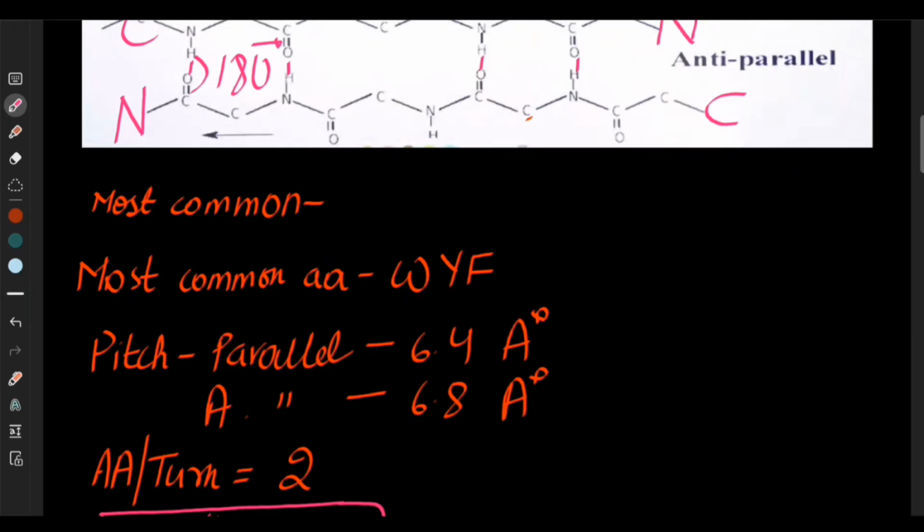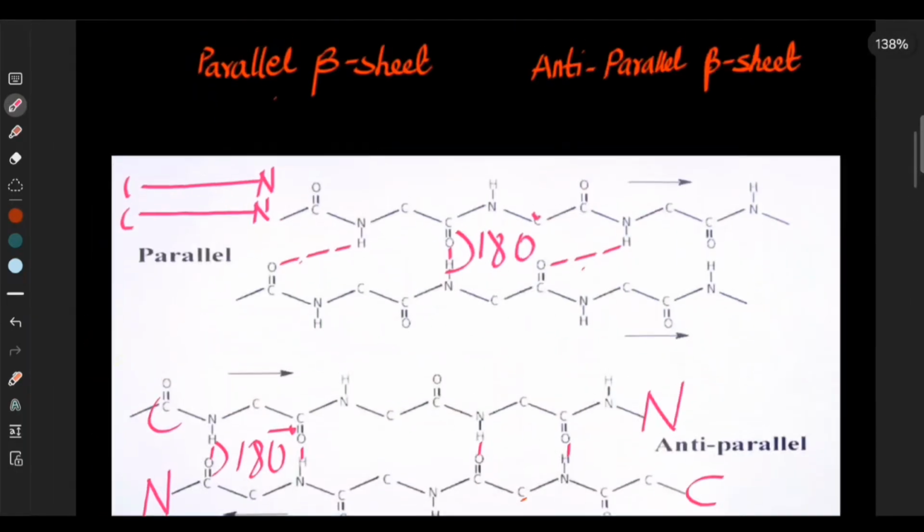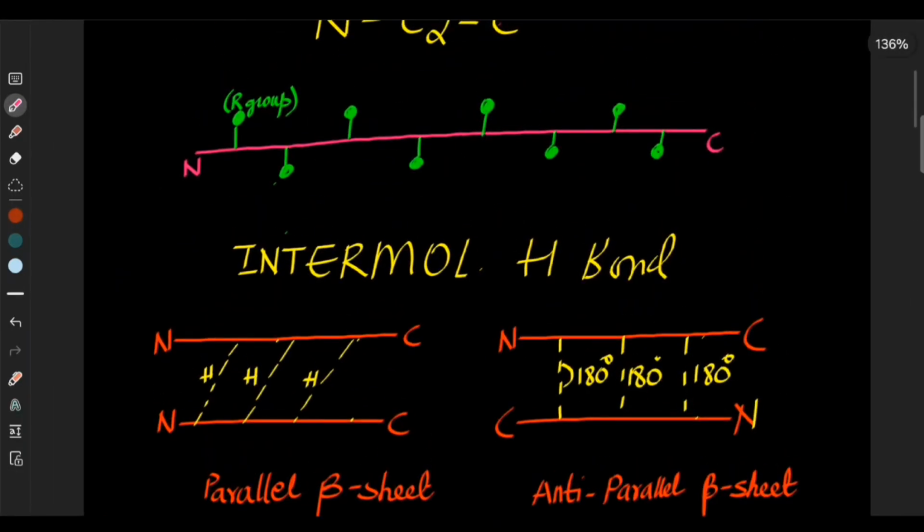Now, one of the things that I want to talk about is the most common one, that is the antiparallel beta sheet. Another thing is the side group which I was talking about. If you remember, I said that the R groups are pointed outwards.